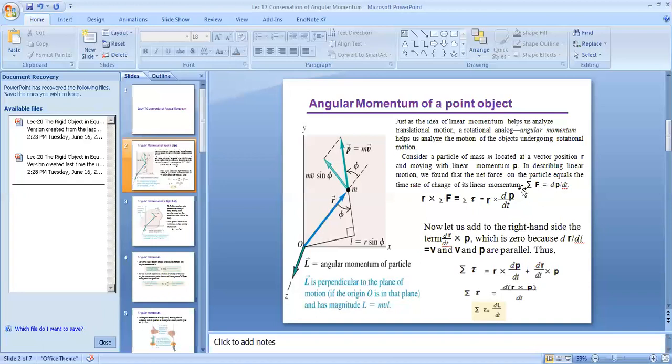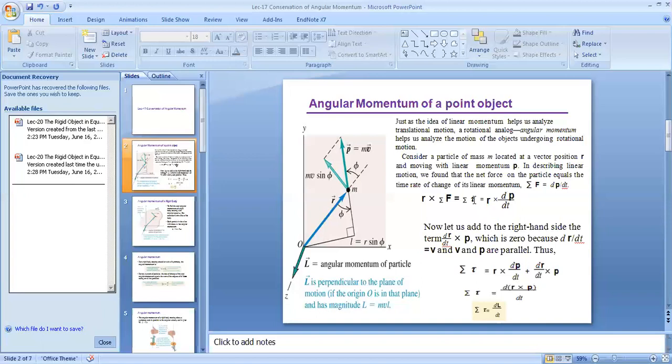If we take a cross product of the radius vector with this equation, then we have the new form of this equation as r cross summation F equals r cross dp over dt, and this r cross dp over dt can be taken as summation tau.